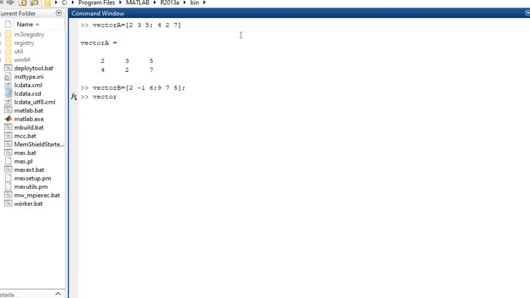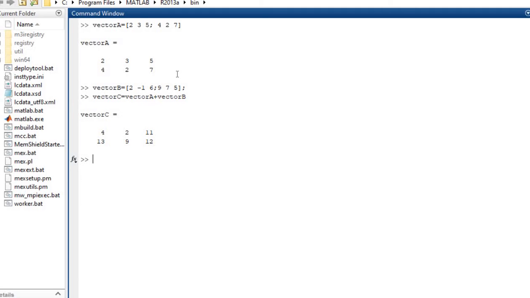Vector C equal to vector A plus vector B. Enter, we are adding this.